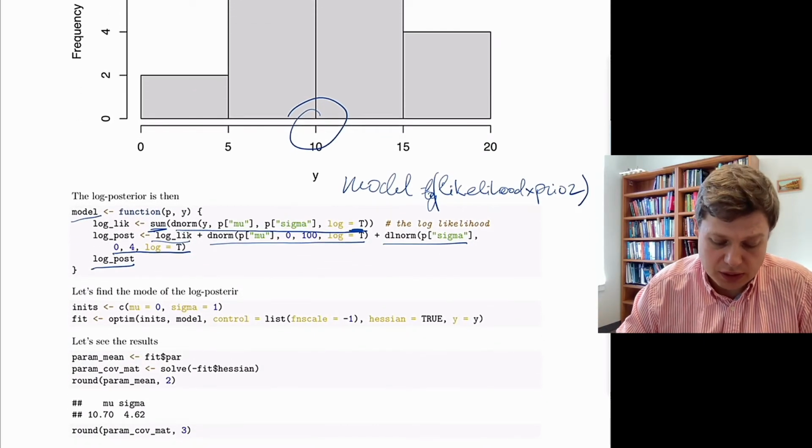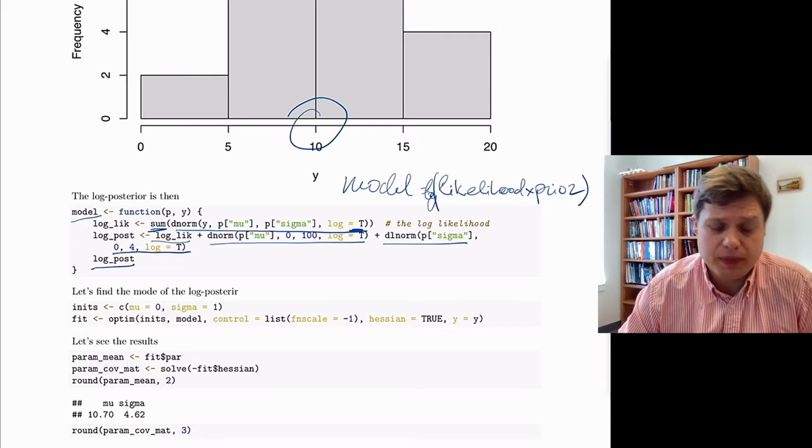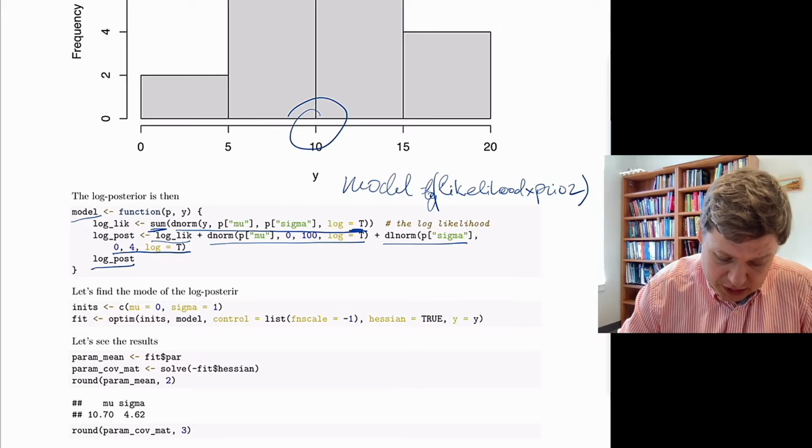And then we're just going to use an optimization method to find the mode of it, or the maxima. So we start with mu equal to 0, sigma equal to 1, and then we optimize this model with this initial value.